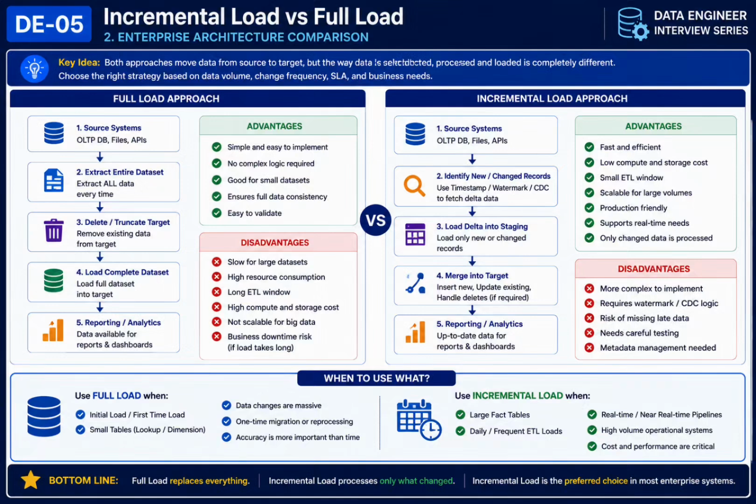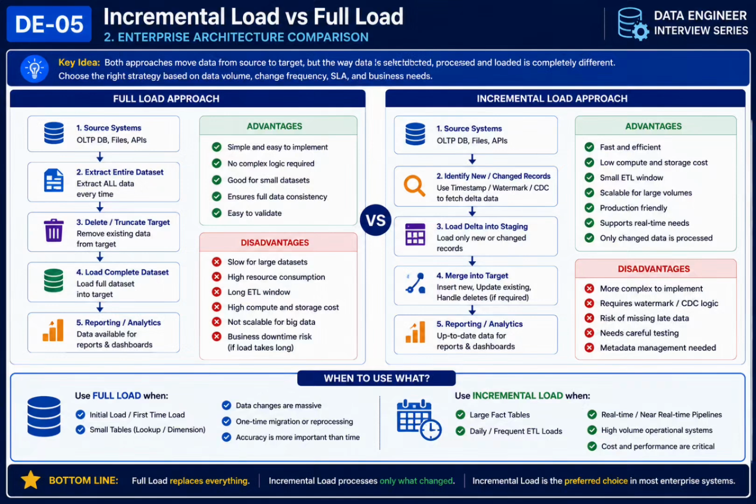It's useful during the initial load, one-time migrations, or for small lookup tables. However, as the data grows, full load becomes inefficient. Every execution consumes more resources, increases ETL duration, and raises storage and compute cost.